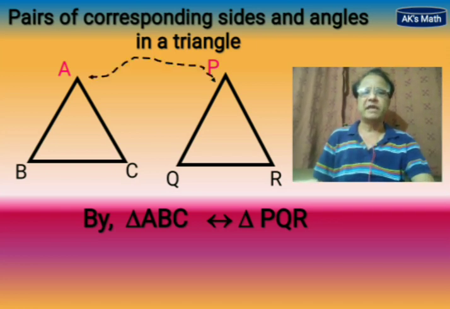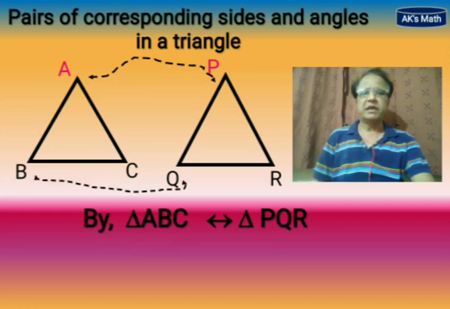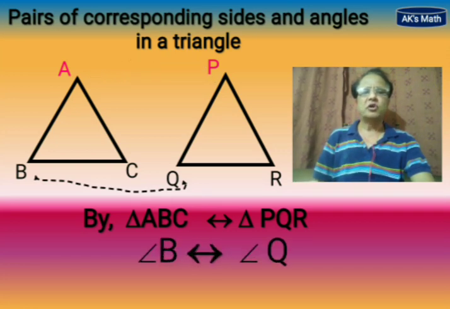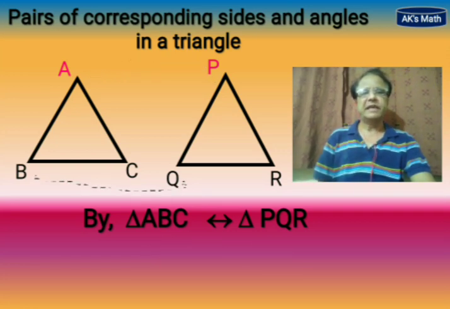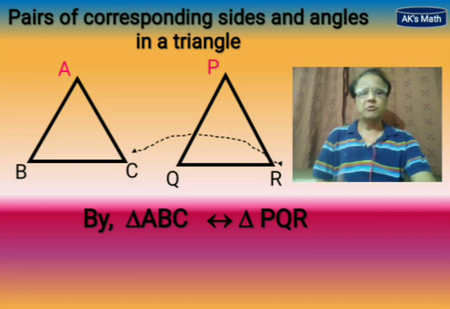Look at this one. A is related with P. The corresponding angle of A is angle P. The corresponding angle of B is angle Q. The corresponding angle of C is angle R. So in this way, at first we have to set the angle relation, which are the corresponding partners.